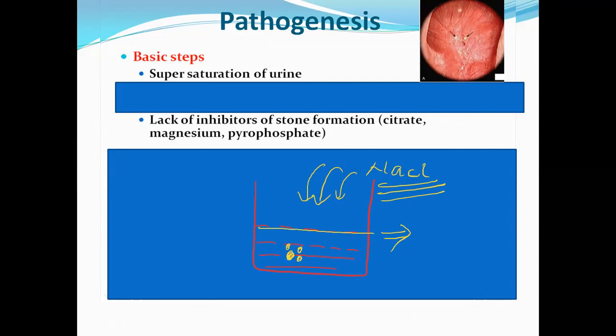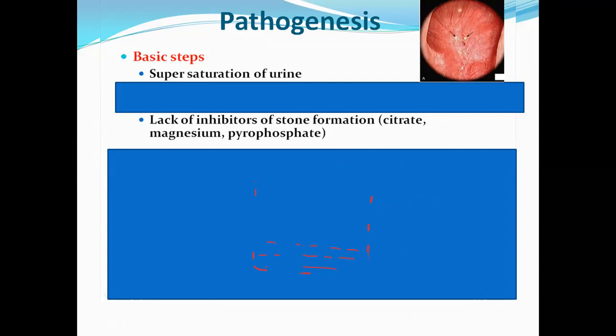Plus, this process needs some additional help. In our urine we have a very delicate balance of stone forming agents, which are always trying to form the stone, like the electrolytes calcium, phosphate, oxalate, urate, all those things. As well, we have agents naturally found in our urine which always try to prevent stone formation.